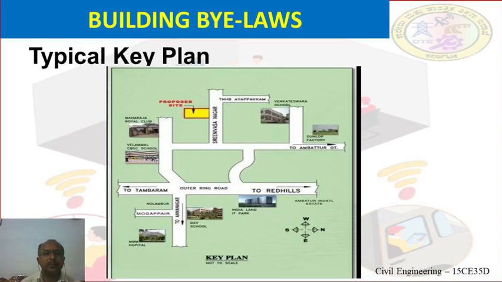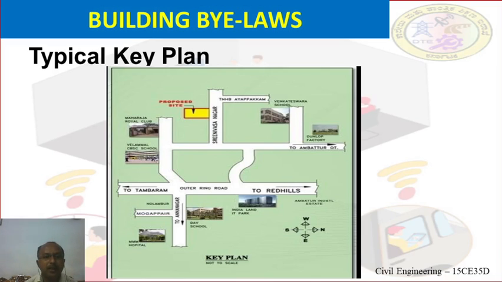This figure shows a typical key plan. If you look at this key plan, there are many things which you are going to show. The yellow color which you are looking at is the proposed site for the construction of the building.